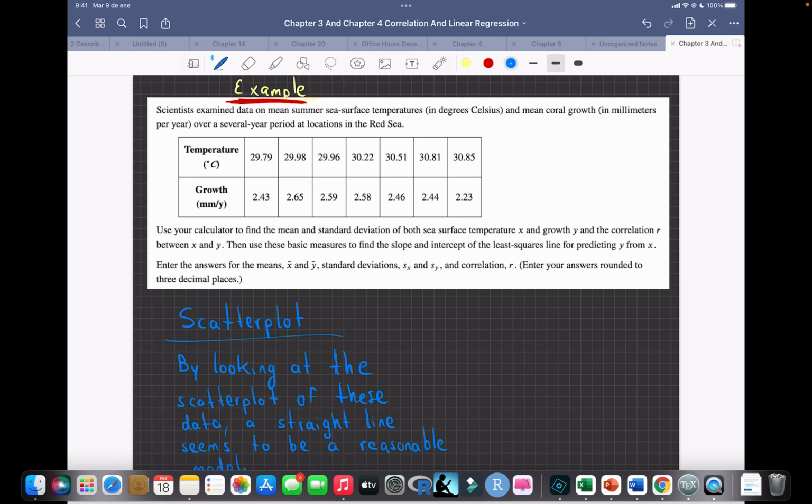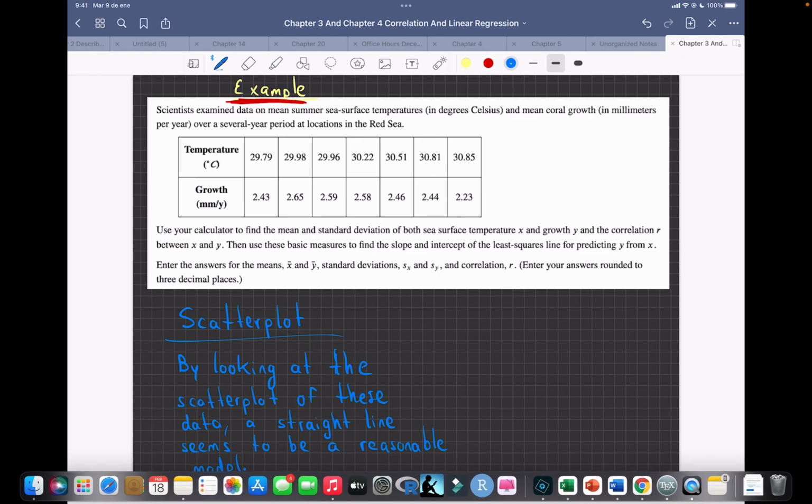How can we measure how good, if at all, the linear relationship is? All right, so to do that, we're going to use something called the correlation coefficient.